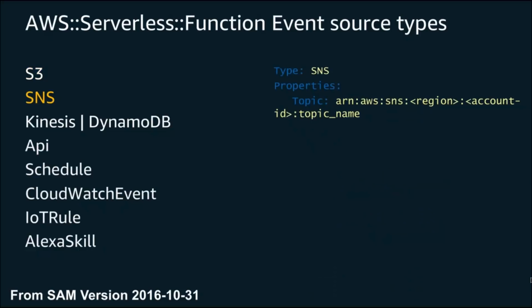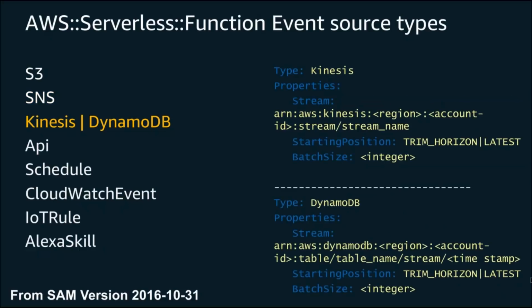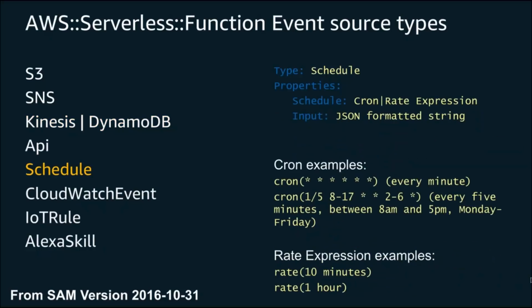SNS, pretty straightforward, takes the SNS topic that this Lambda function is consuming from. Kinesis and DynamoDB, both very similar in terms of the syntax for these. You specify the stream, the starting position, the batch size. I'm going to skip down here to schedule. So this is for a scheduled function inside of CloudWatch events. This is one of my favorite use cases for Lambda, as I've run cron servers for many years in my life.